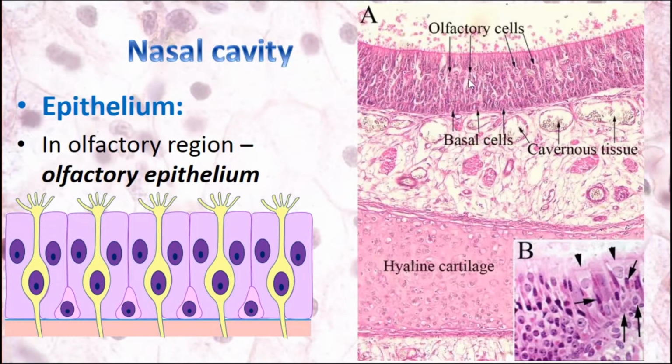And here we can see olfactory epithelium and appearance of this olfactory epithelium under microscope. There are olfactory cells and cilia. Their cilia are present on the surface of olfactory epithelium. Here we can see connective tissue with blood vessels. It's lamina propria and submucosa, if we describe them as distinct layers. And here we have hyaline cartilage, or it may be bone, according to the region.